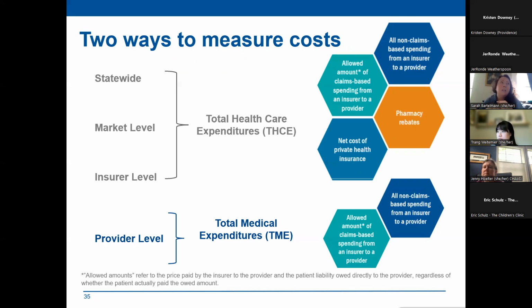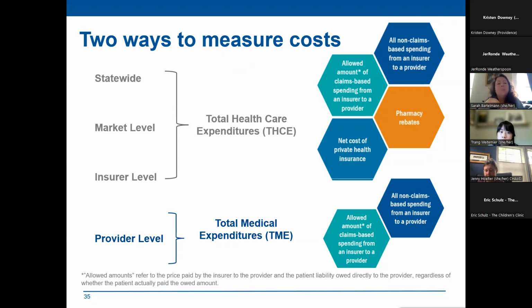So that includes things like any VBP arrangements, any incentive payments, other capitation arrangements. We want all of those dollars. We also are including the net cost of private health insurance, or some of those admin costs at that insurer and higher levels. And we're including pharmacy rebates.